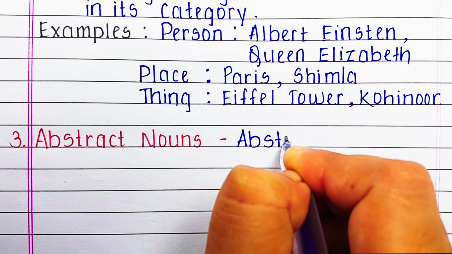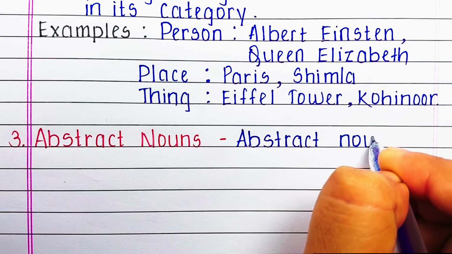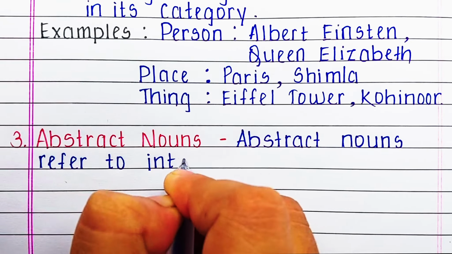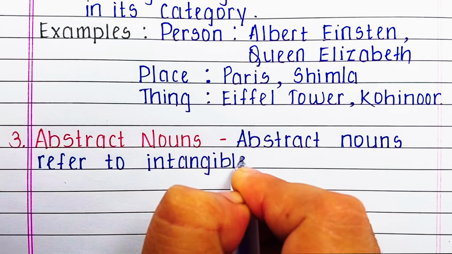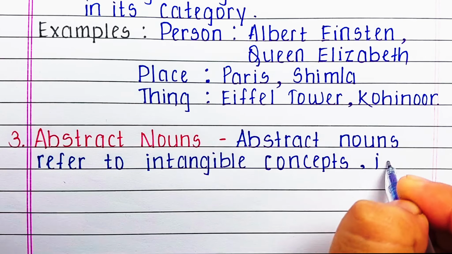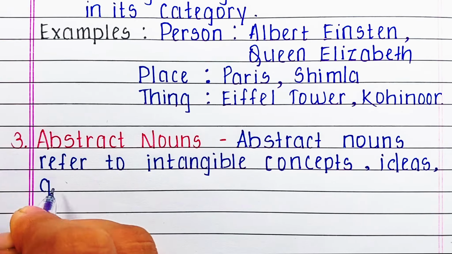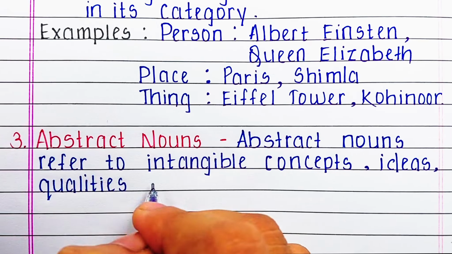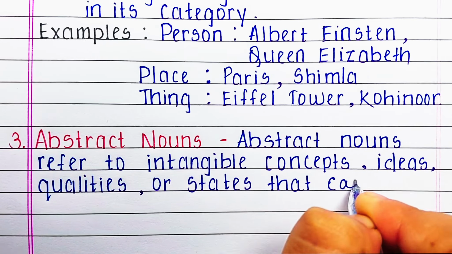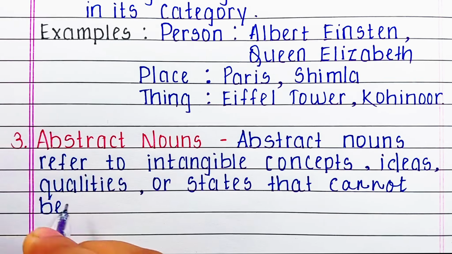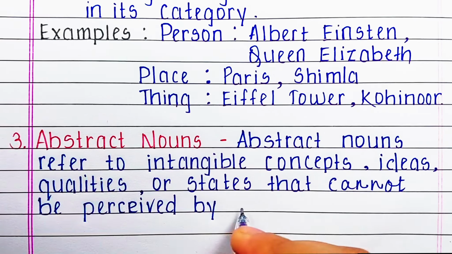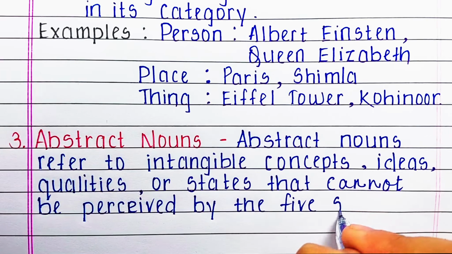The third type of noun in our list is abstract nouns. Abstract nouns refer to intangible concepts, ideas, qualities, or states that cannot be perceived by the five senses.